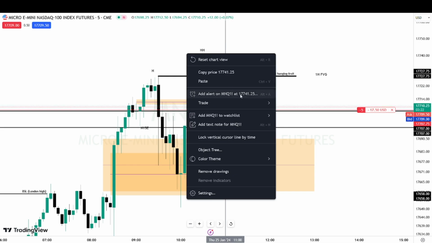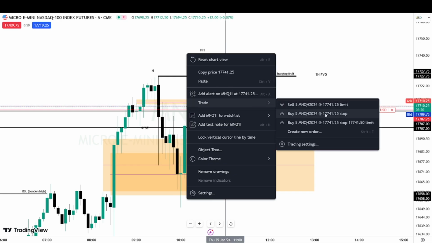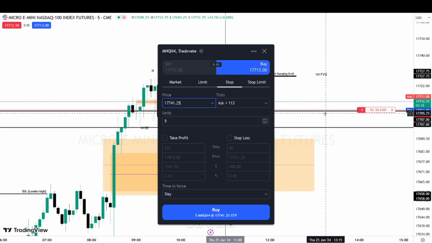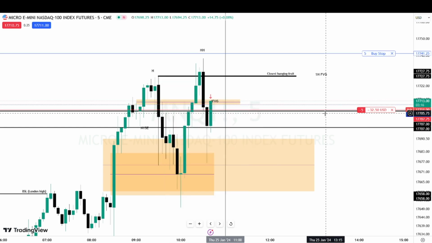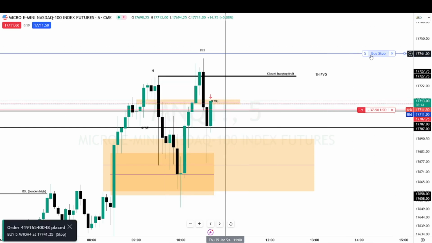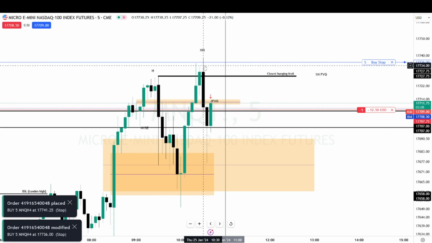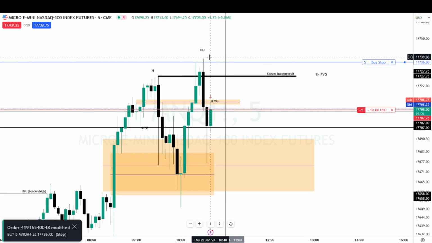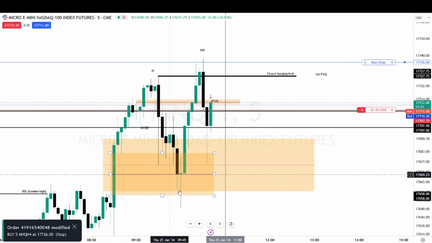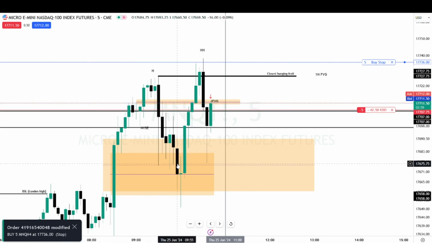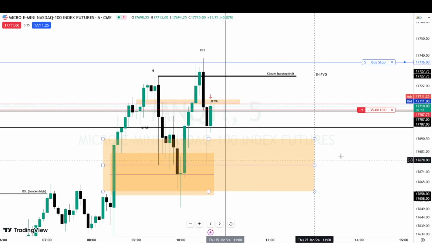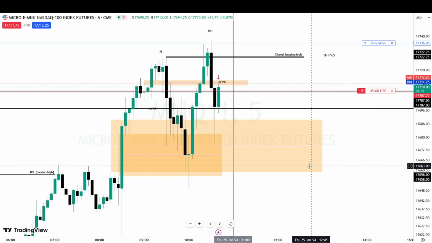Then the highs, let me just protect the funds right there, right above the consequent encroachment. If price goes above this, it's a good chance that the price will fail here. It's a good chance that the price will fail right there.